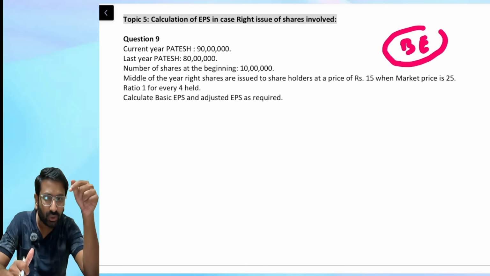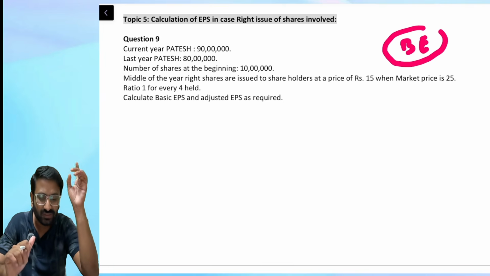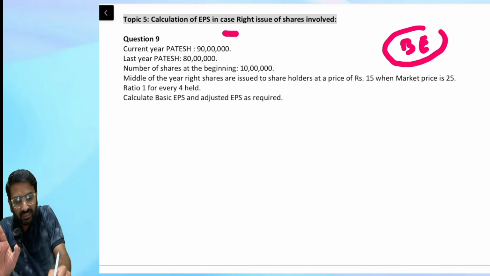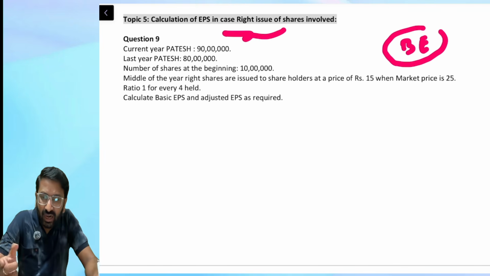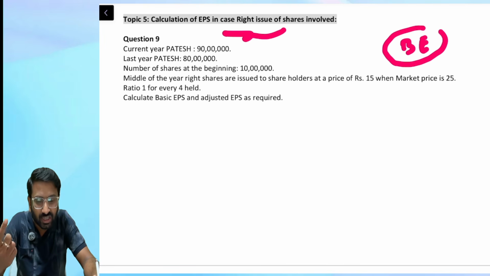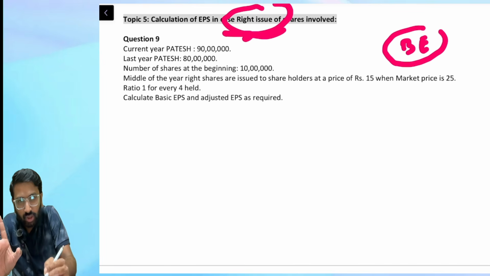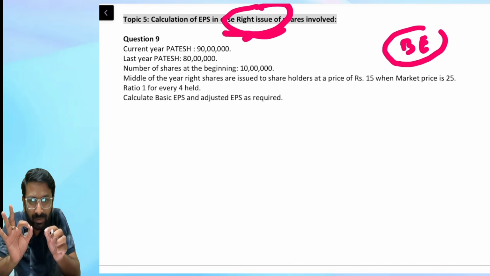In addition to that, we need to calculate last year adjusted EPS, correct? Which means whenever there are right shares in the question, in addition to current year basic EPS, we must calculate last year restated EPS also, because in case of right issue, there is going to be certain bonus element involved.